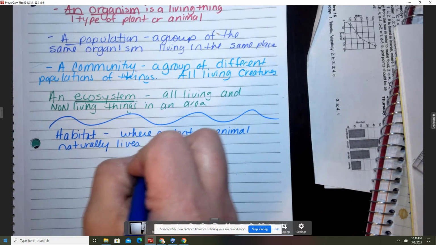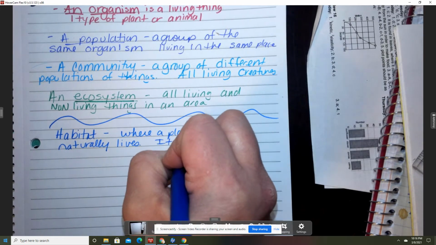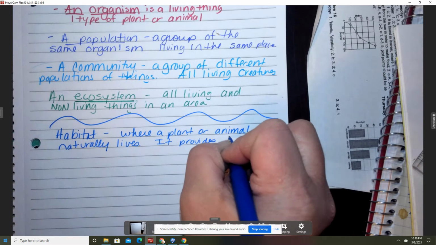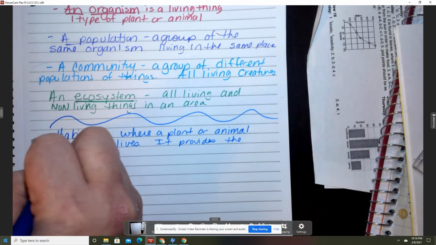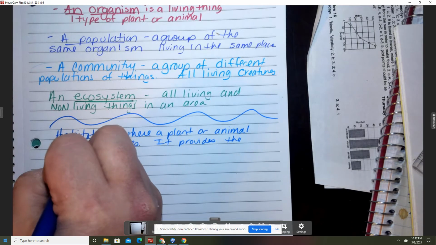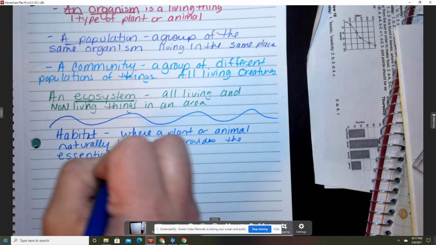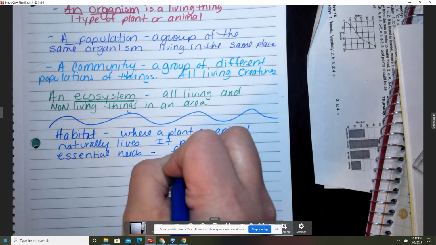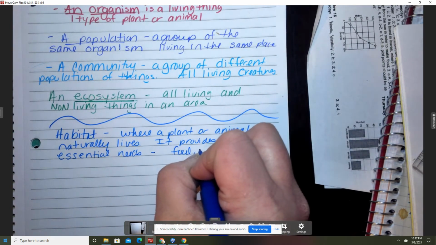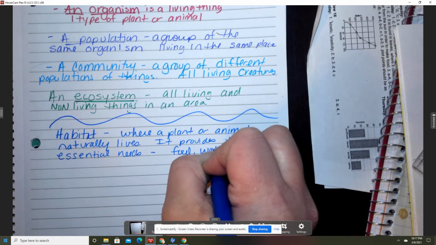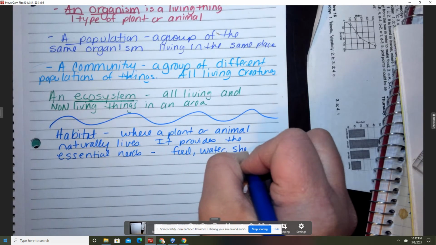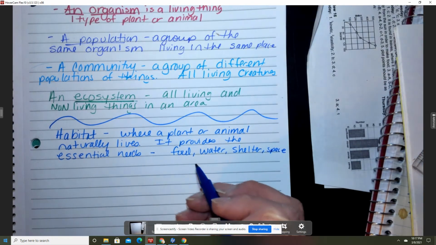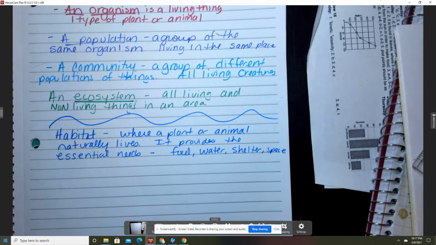It provides the essential needs. Okay? And those essential needs are food, water, shelter, and space. You have to have food, water, shelter, and space.